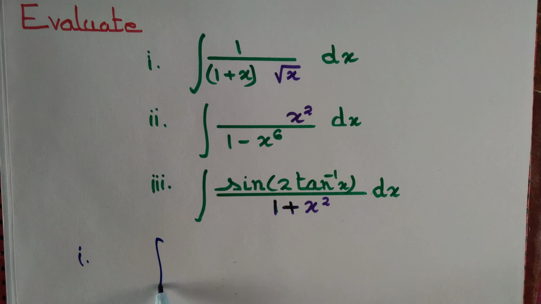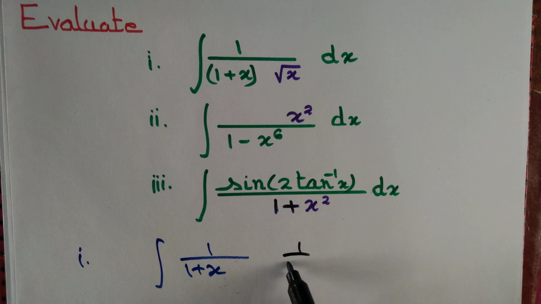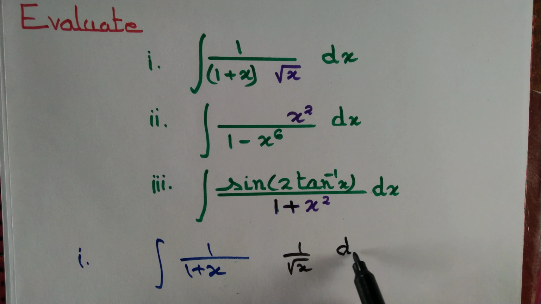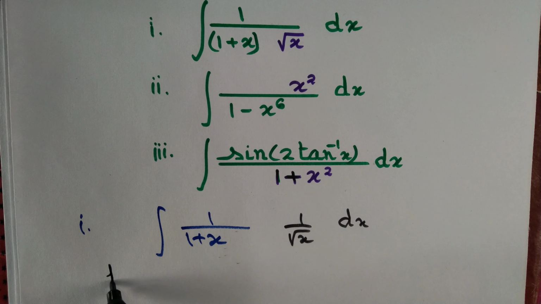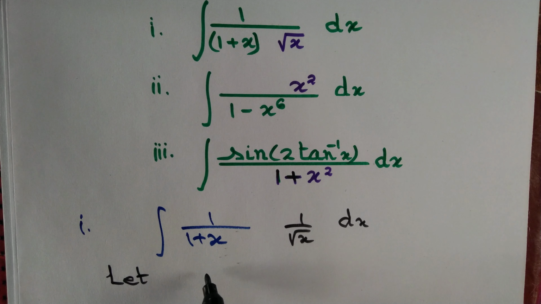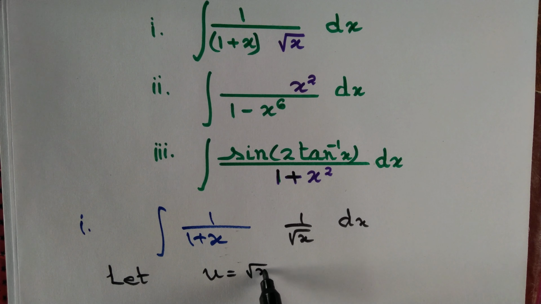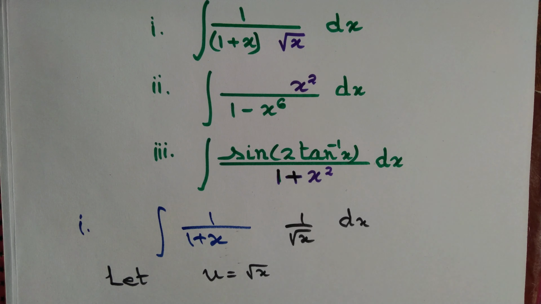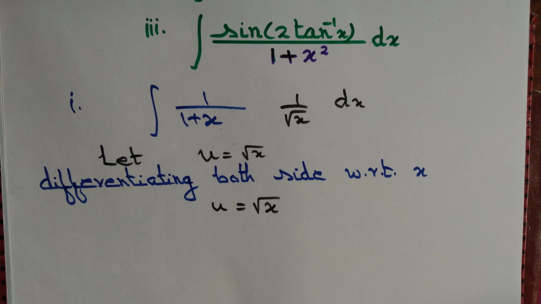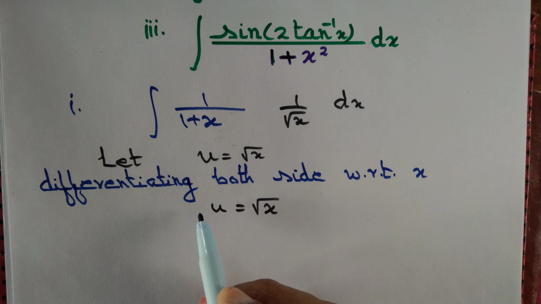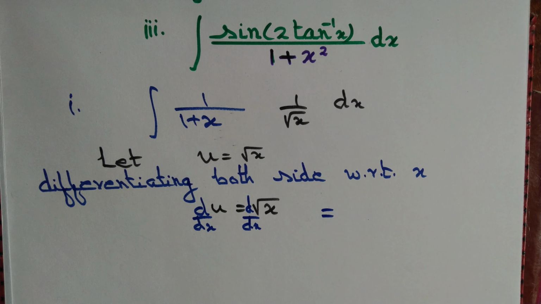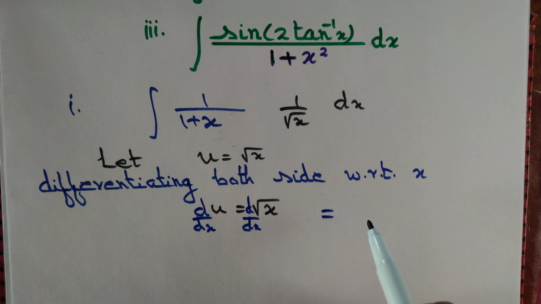Integral of 1 by 1 plus x times 1 by root x dx. You see that if I let u equal to root x, then I can differentiate both sides with respect to x. So d dx of u equal to d dx of root x. But we know that d dx of root x is d dx of x to the power half.